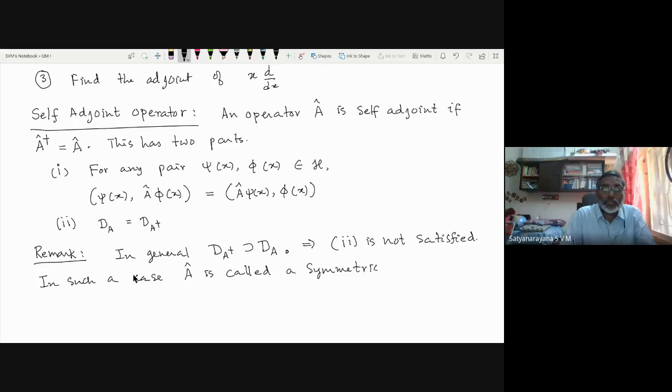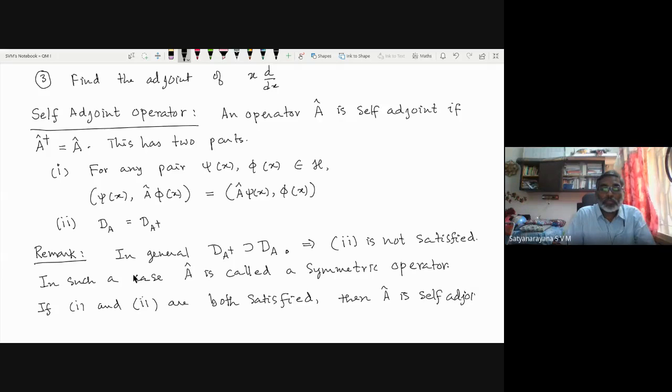Now, if 1 and 2 are both satisfied, then A is called a self-adjoint operator.